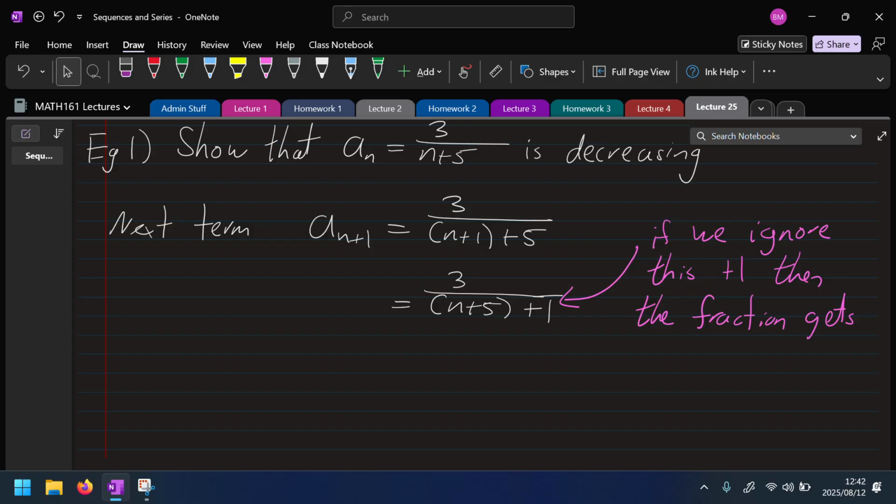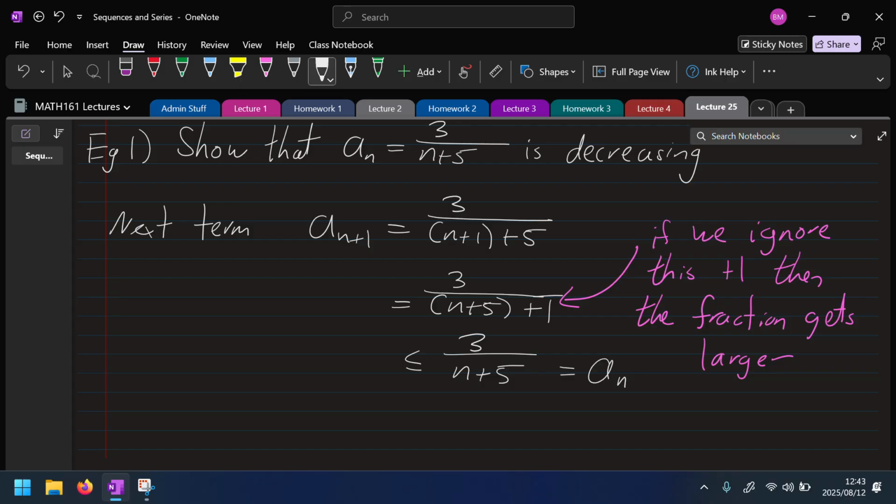We get rid of the plus 1. Did I make it larger or smaller? Larger. Good. So taking away the plus 1, I make the fraction larger, which means the original is smaller than if we get rid of the plus 1. But this 3 over n plus 5 is what we started with, the a n.